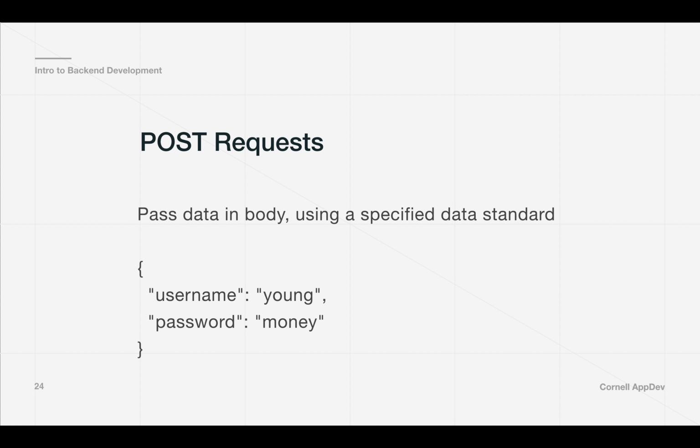So for POST requests in general, you're always passing data in the body, and the specified data standard that's mentioned here is generally JSON. So it's just key value pairs. And the thing with POST requests is it's not obvious to other people, right?